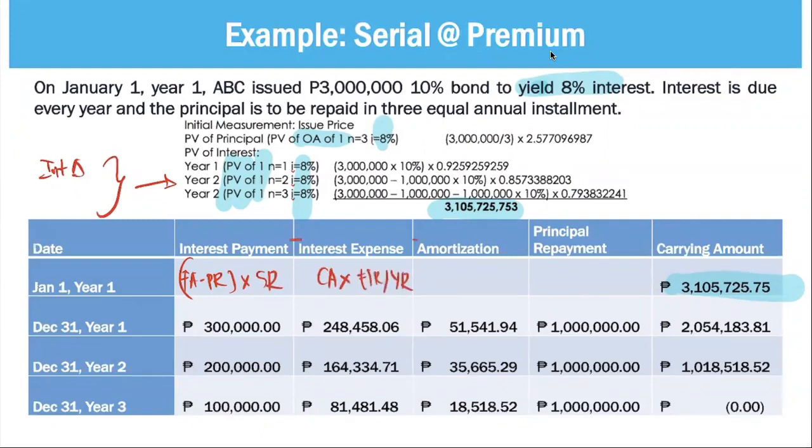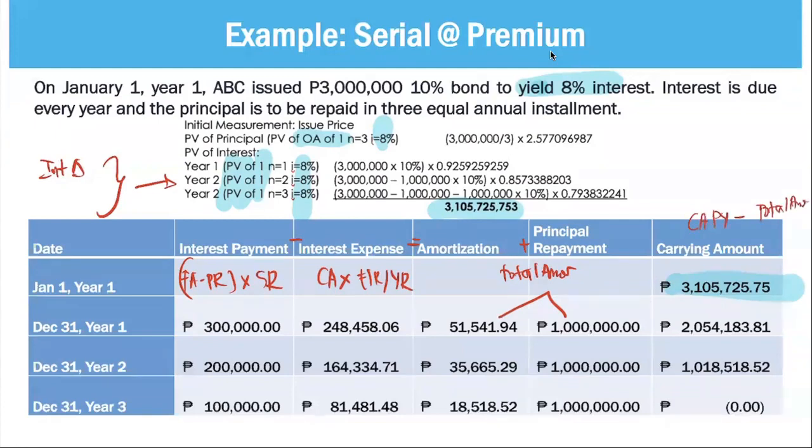Amortization, interest payment less interest expense. Total amortization, we have your principal repayment plus amortization that will give us your total amortization. And then your carrying amount, that is equal to your carrying amount previous year less your total amortization.